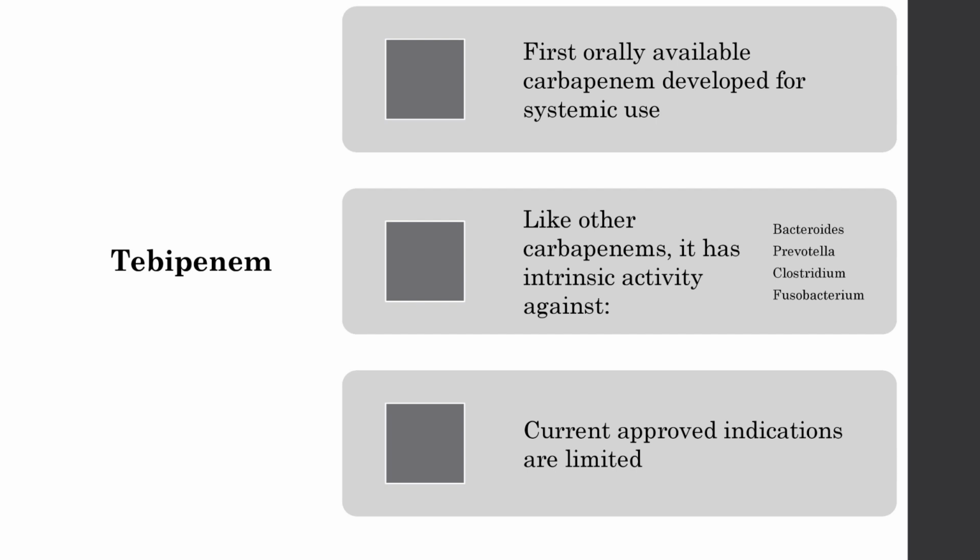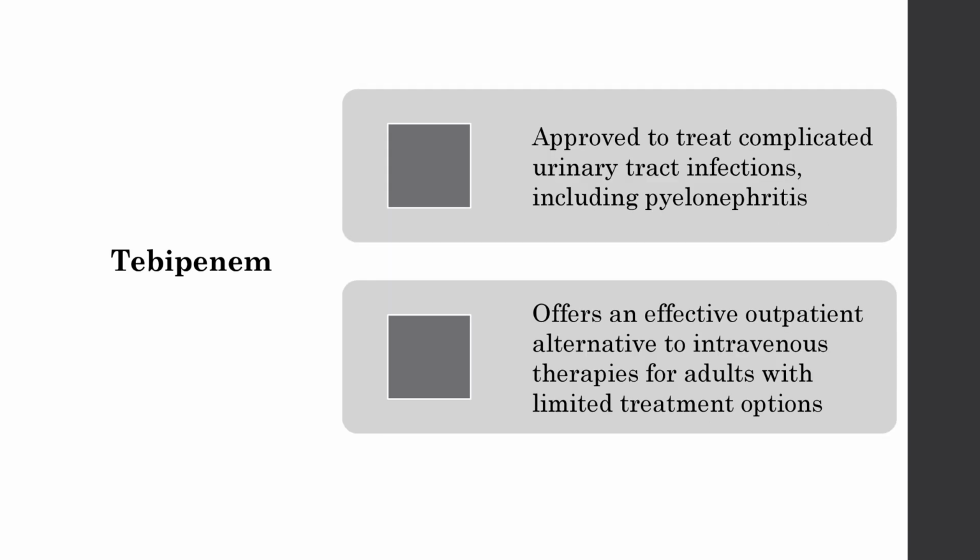However, its current approved indications are limited, and more clinical data are needed before it becomes widely used for anaerobic infections. An approved first-in-class oral carbapenem antibiotic to treat complicated urinary tract infections, including pyelonephritis. It offers an effective outpatient alternative to intravenous therapies for adults with limited treatment options.